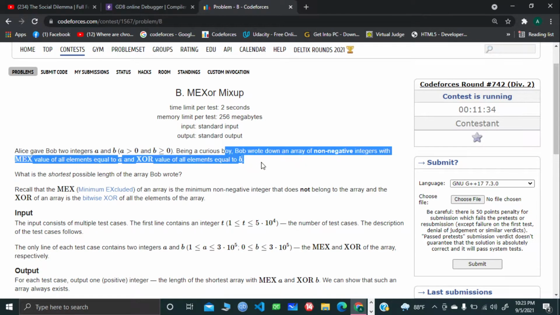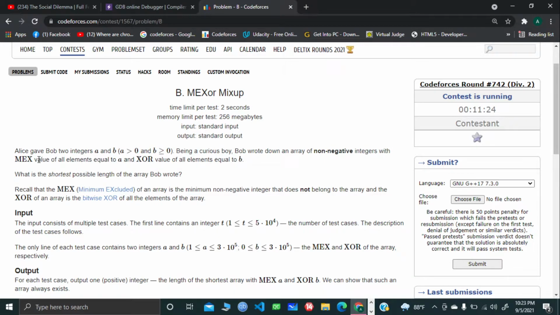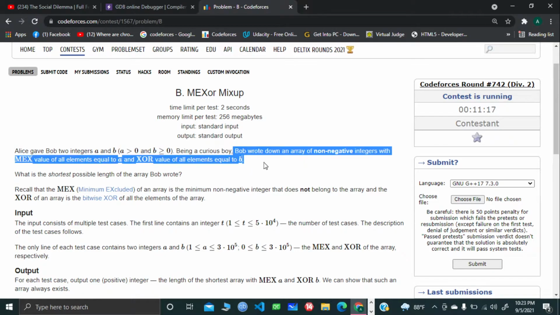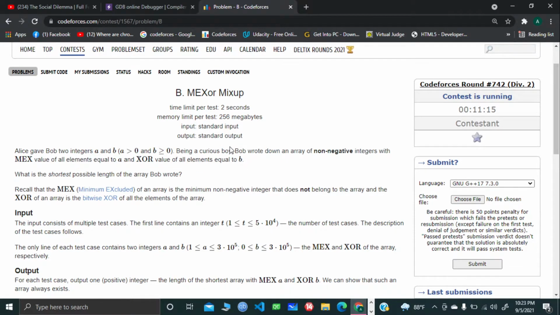What you have to do is, let's assume that you're Bob, and Bob wrote down an array of non-negative integers with MEX value of all the elements equal to A and XOR value equal to B. You have to make the length of the array that Bob wrote as minimum as possible, fulfilling the condition that you're given.